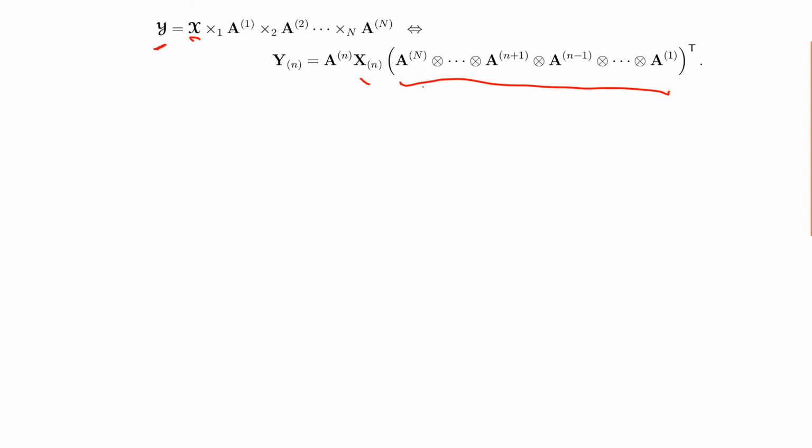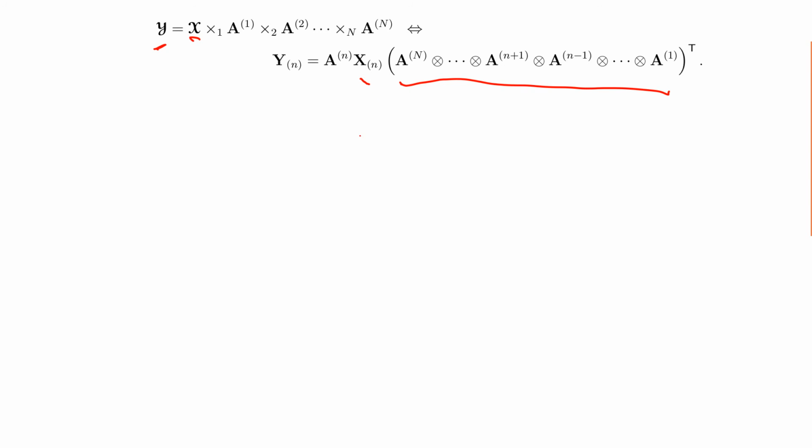So if we have a second-order tensor, a two-way tensor, let's say X is a two-way tensor, then Y is also a two-way tensor, so basically it's just a matrix. Then the mode 1 or mode 2 matricization: actually mode 1 matricization is just itself, basically. Mode 2 matricization is just the transpose.